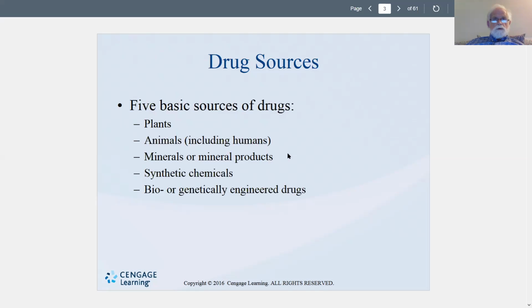It's a very, very potent drug, as many plant-based drugs are extremely potent. And that's probably one of the most common plant-derived products that we have.